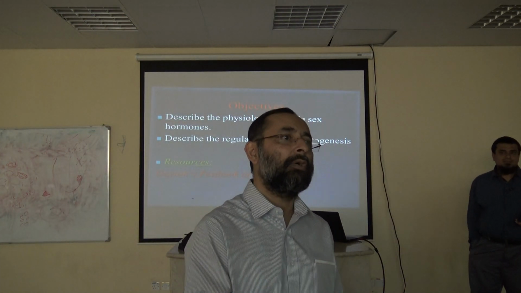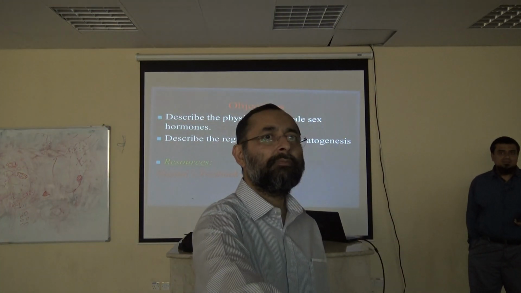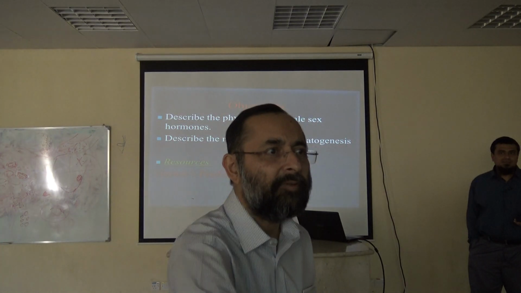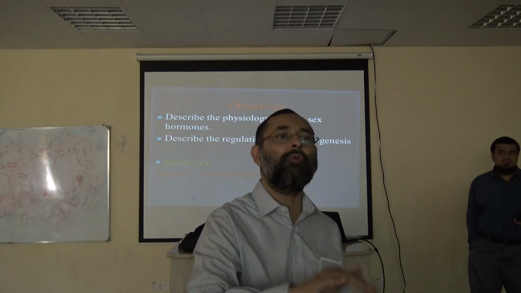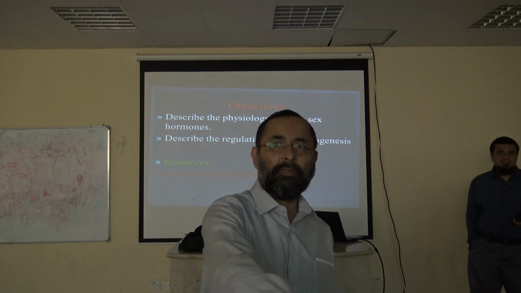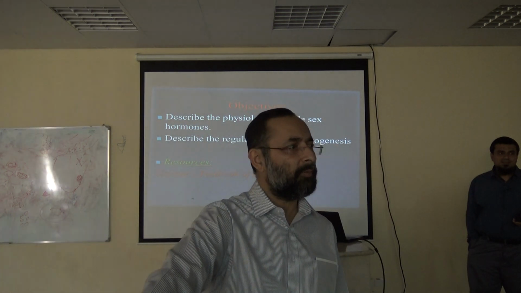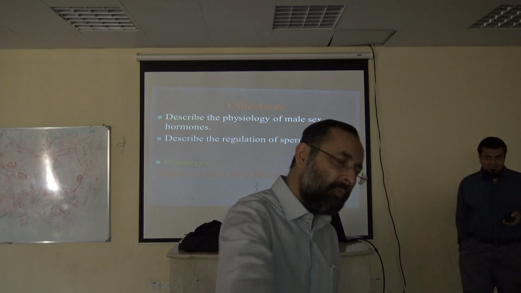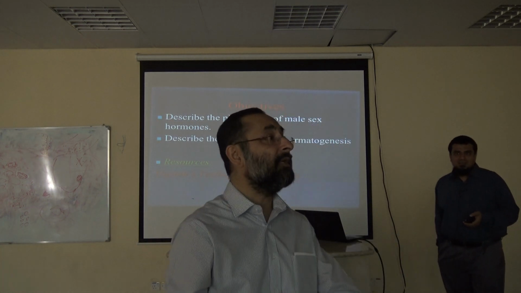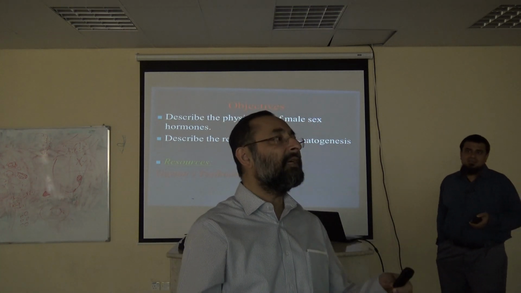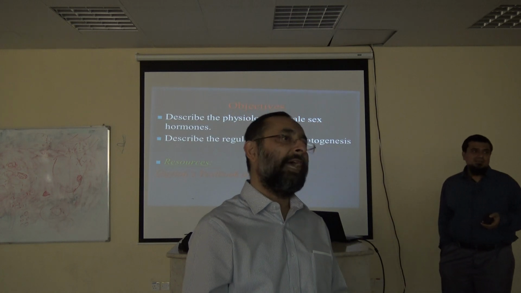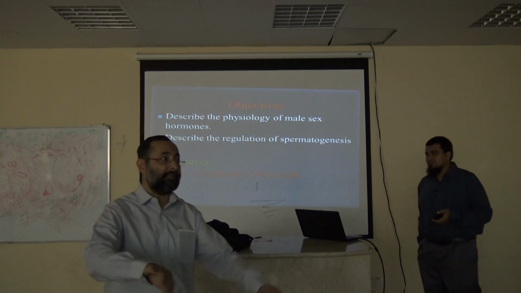Dehydroepiandrosterone. Now, if you classify them as testicular and adrenal, how would you do that? If I say, give me the top most important testicular androgen, what will you say? And if I say, go back to the adrenal cortex, you tell me DHEA and the second one is androstenedione. So let us take it like this.